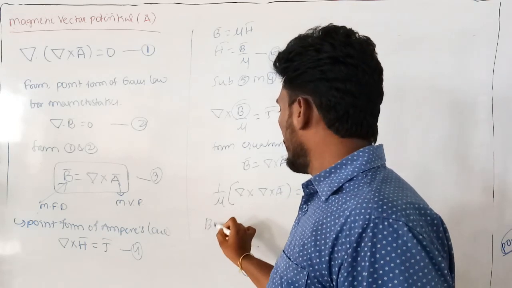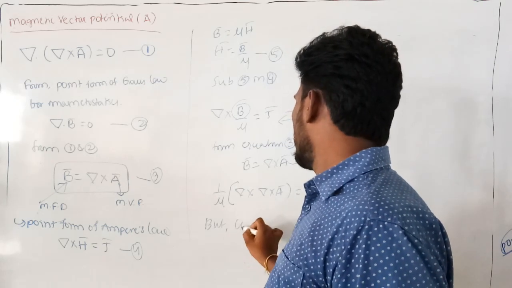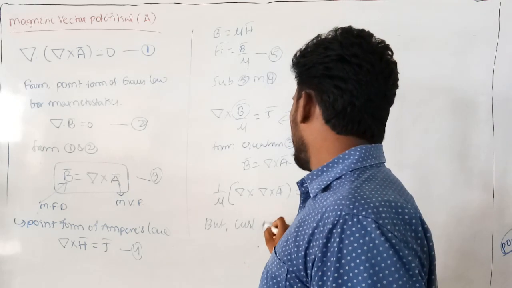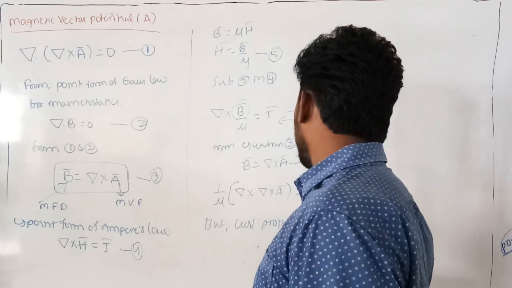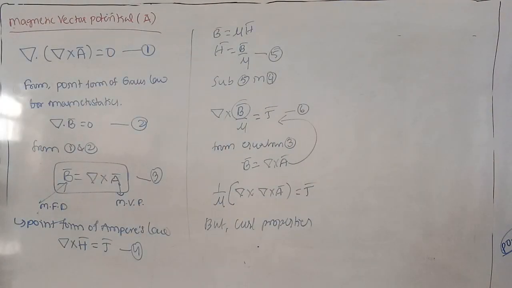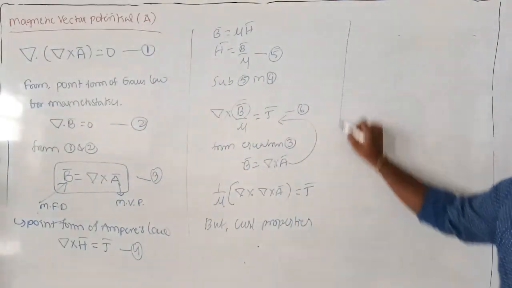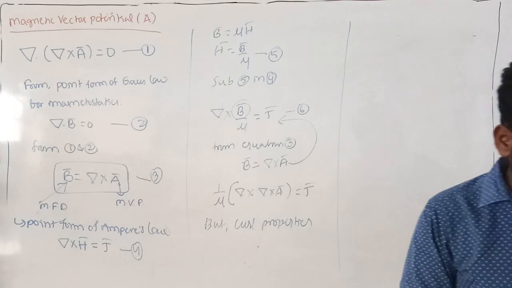But we know the property of the curl of any vector, from the properties of curl. What is the curl of the curl of any vector?